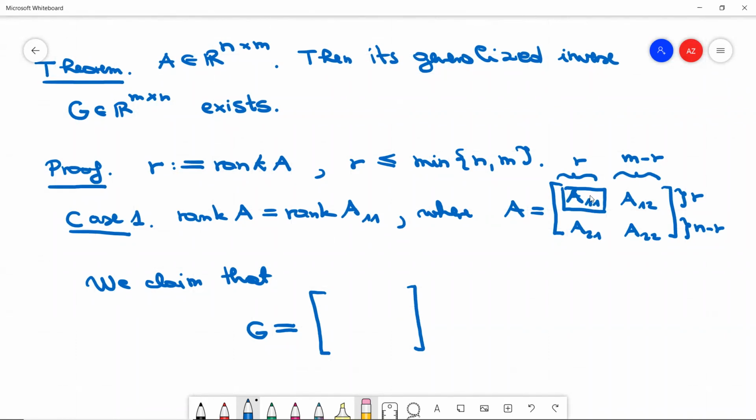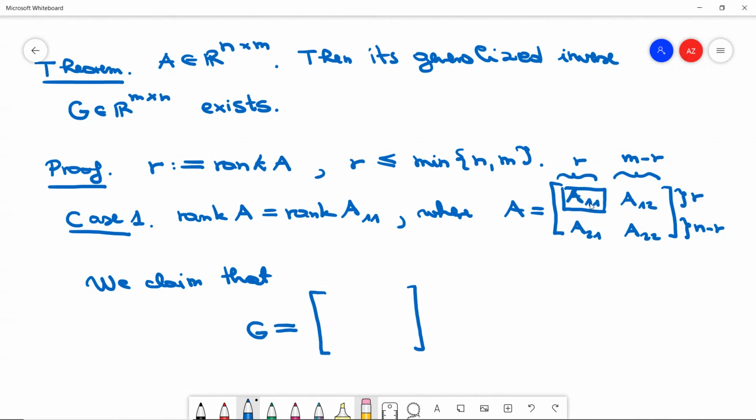So this A11 is invertible. In the last proposition, we said that the generalized inverse of an invertible matrix is unique, and it's just its usual inverse. So if we take this into account, we would say that in the left upper corner of G, we expect to have an inverse of A11.